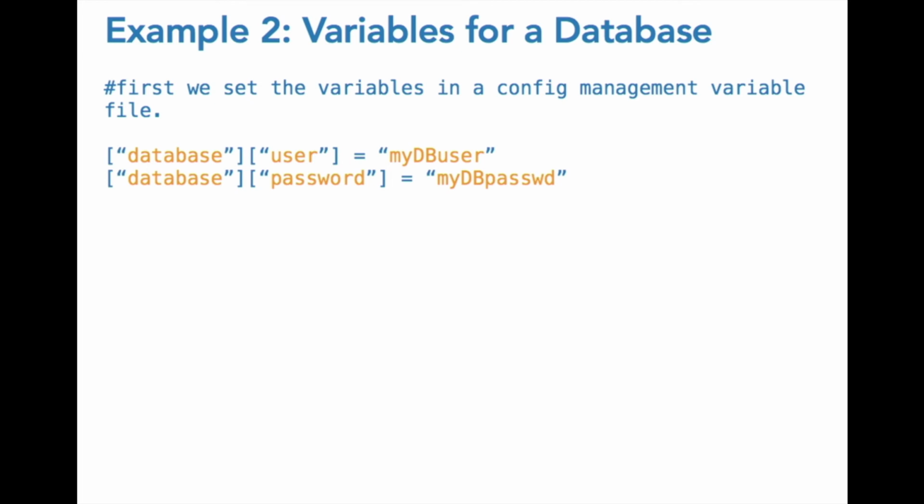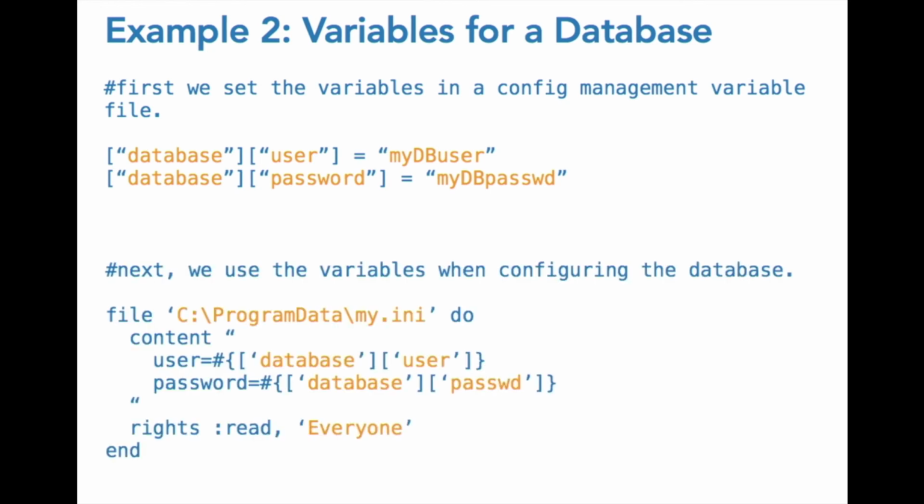So Chef also provides that. So you can define database and user like MyDB user and MyDB password. And then in my code where I will be configuring the database, I can use those variables and then replace them in real time. We will also be seeing how to use all these variables in the tool, for creating configuration.